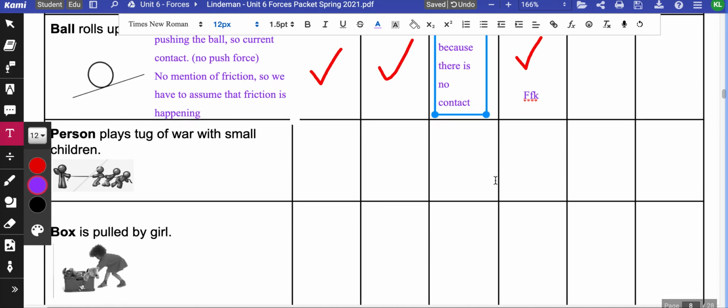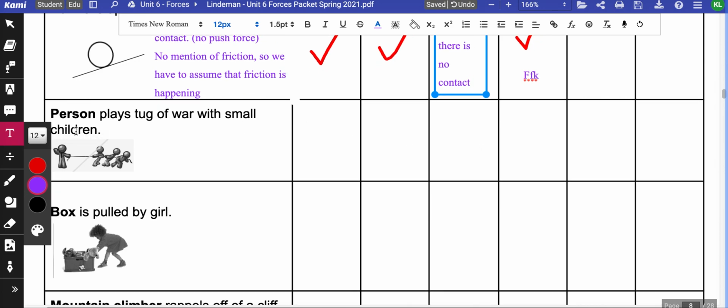Okay, so here's this next one. We have a person who is playing tug of war with small children. This is where we start to get into a little bit of gray area. You can start to assume a lot of things about this specific situation. When we have situations that you can read a lot into, we tend to use those for the packet to expand your thinking.